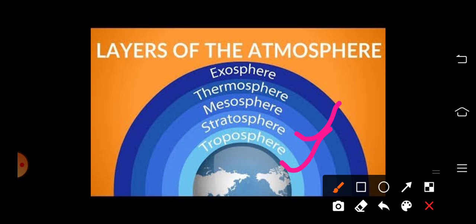Then the third one, mesosphere. Then thermosphere. And the last one, exosphere. So once again: troposphere, stratosphere, mesosphere, thermosphere, and exosphere. Today we will discuss these different layers, or the structure of the atmosphere.